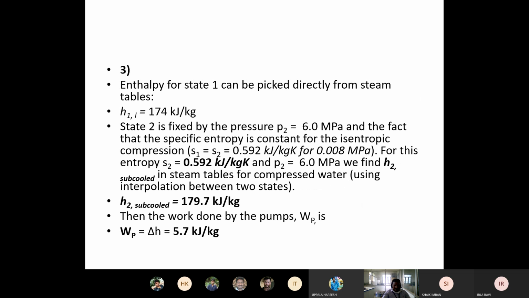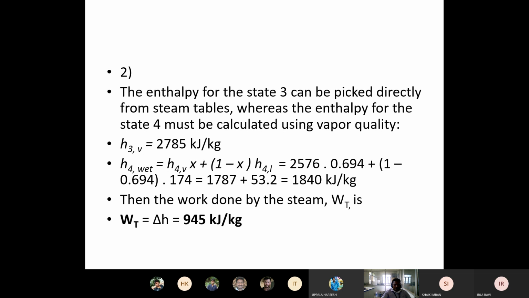That is next data 3. Enthalpy of state 1 can be directly fixed from steam tables. We have taken state 1, because how can we take that value directly? Anyone? H1. See boys, go for the line diagram.